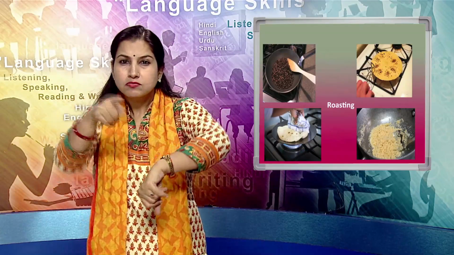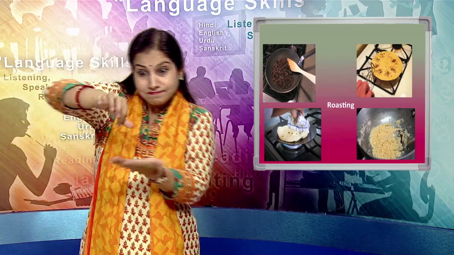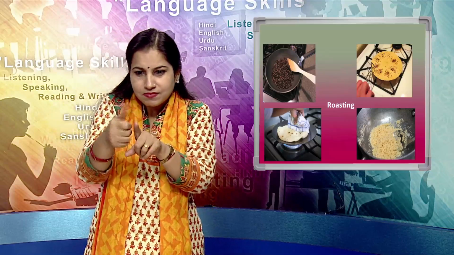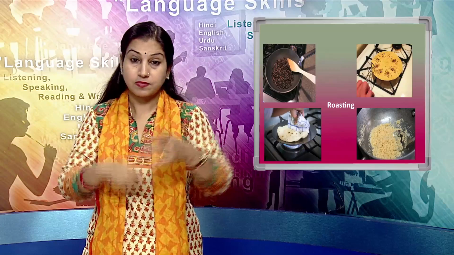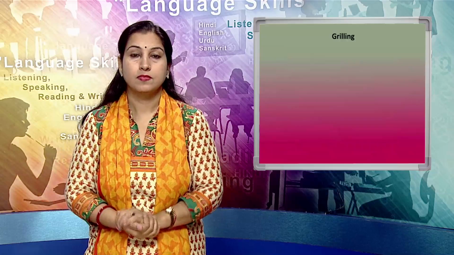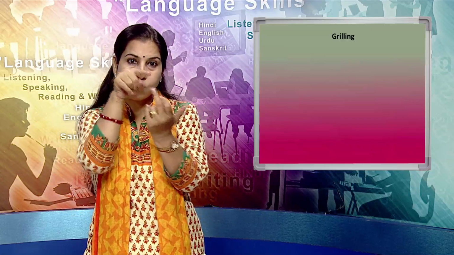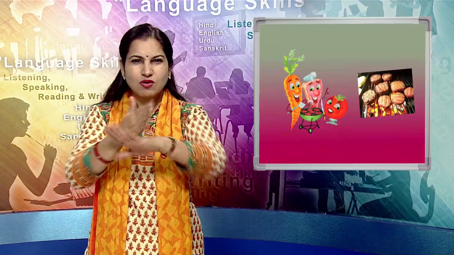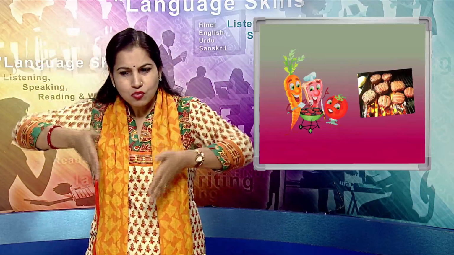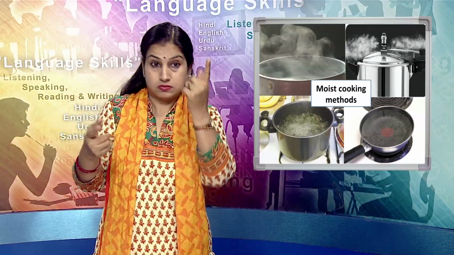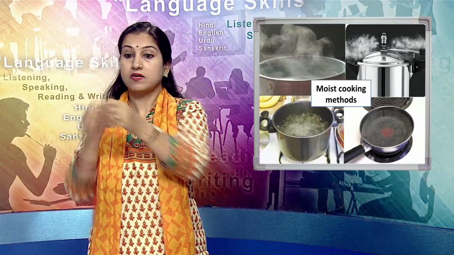Sometimes you also roast other spices, sometimes groundnuts. The fourth point is grilling or broiling. This method is used for the non-veg items most of the time. The last column is a combination of moist heat and dry heat together.